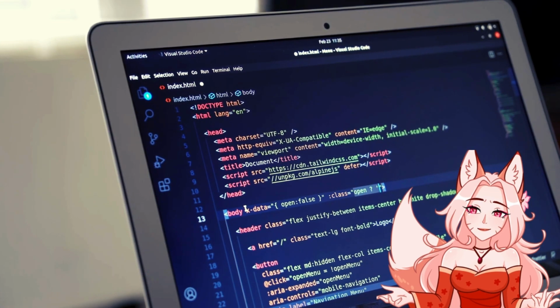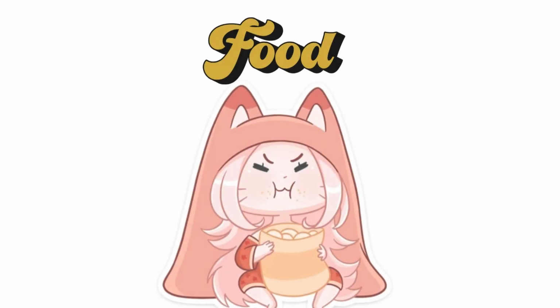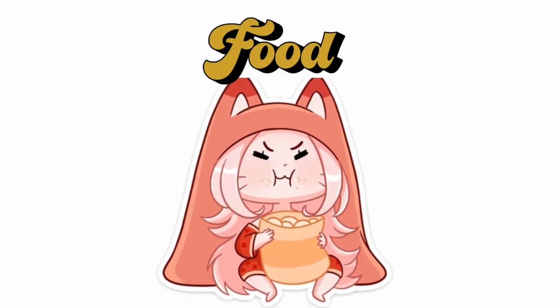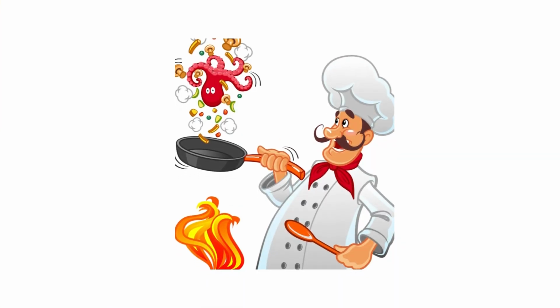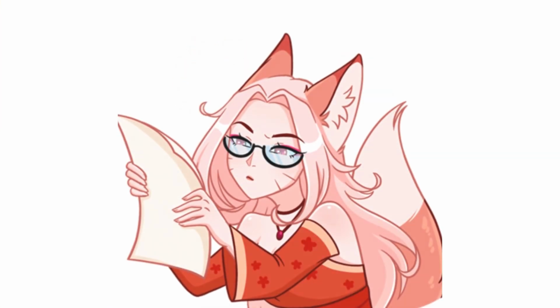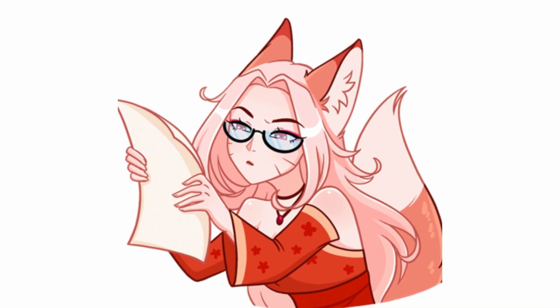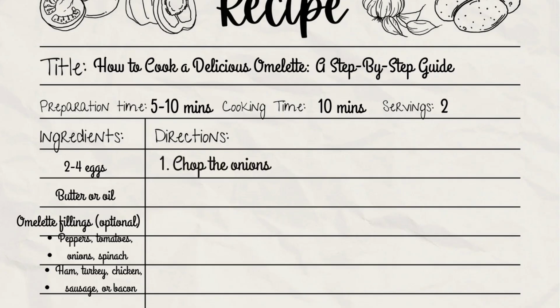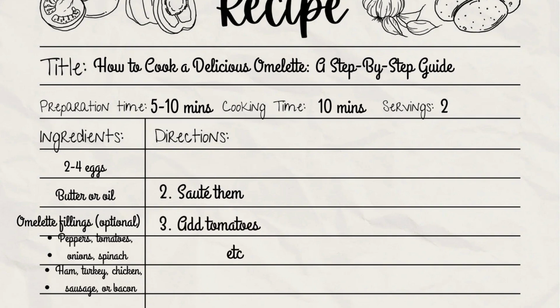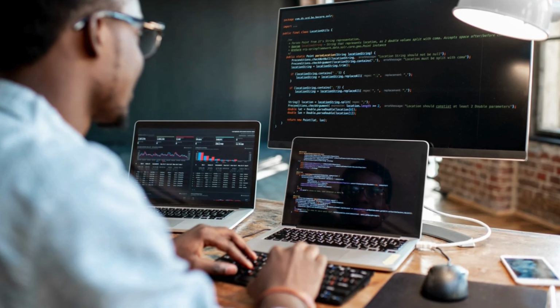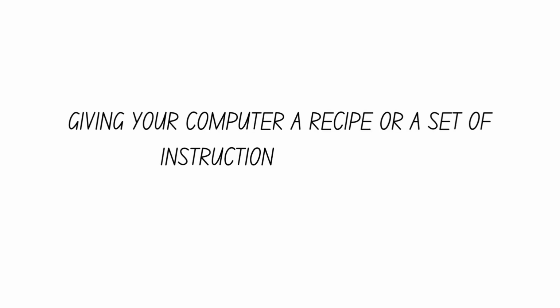Just in case you haven't fully gotten the picture, let's use the analogy of food to understand what programming really is. Imagine you're a chef and you have a recipe to follow. The recipe tells you step by step what to do. Chop the onions, salt them, add tomatoes, and so on. Programming is similar. It's about giving your computer a recipe or a set of instructions to follow.